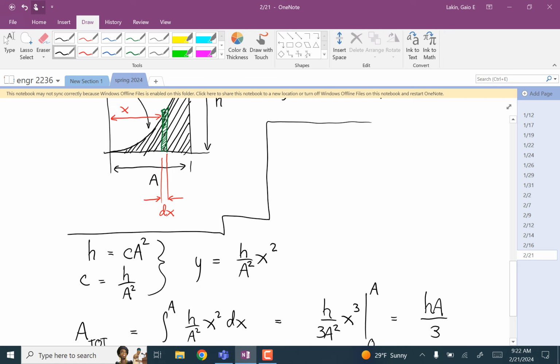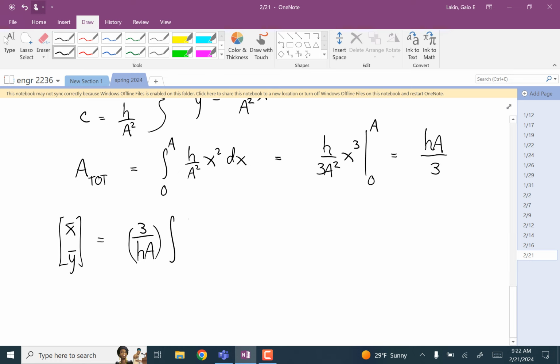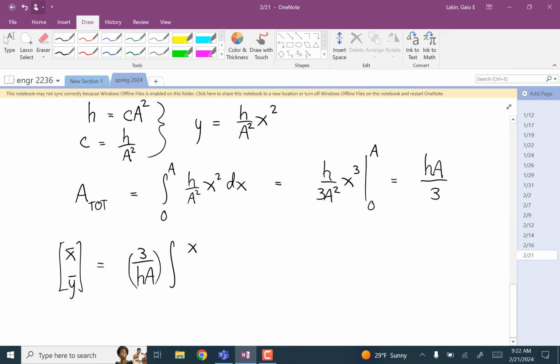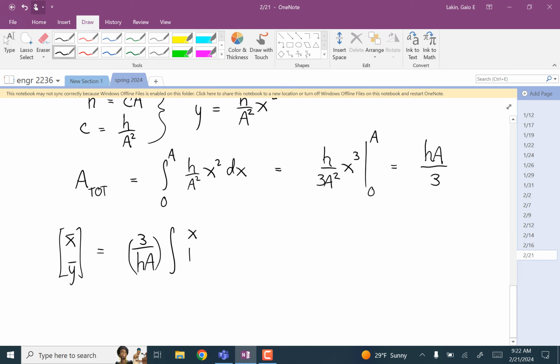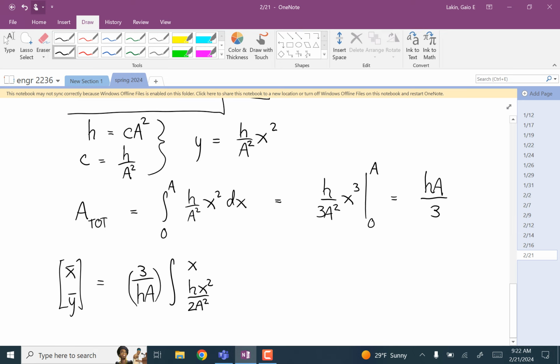Well, the centroid of this green rectangle here is just at an x value of x, and a height of half of y, right? Because it's a rectangle, so it's just going to be right in the middle. So this is going to be x, and then half of y is h x squared over 2a squared, because this is the y value. So the centroid is just going to be half of that. That's where that 2 comes from.